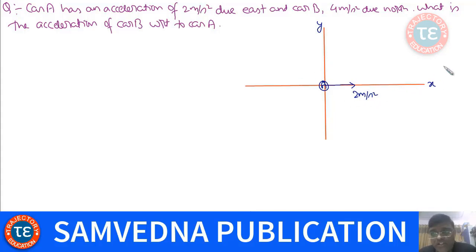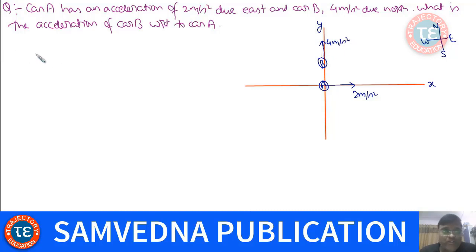This is east, west, north and south. And car B has an acceleration in the north direction, 4 meter per second square.